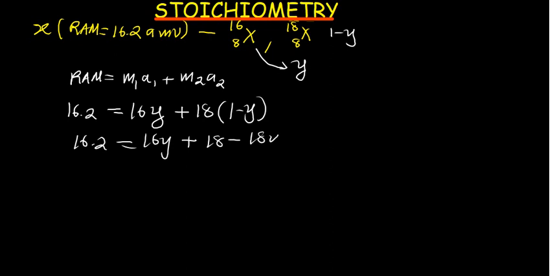I'm going to take like terms to the same side, so I take this value to this side and it becomes negative. That is going to be 16.2 minus 18, equal to 16Y minus 18Y. So we'll just subtract 18 from 16.2.